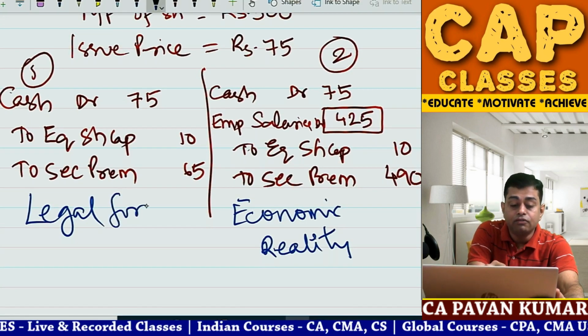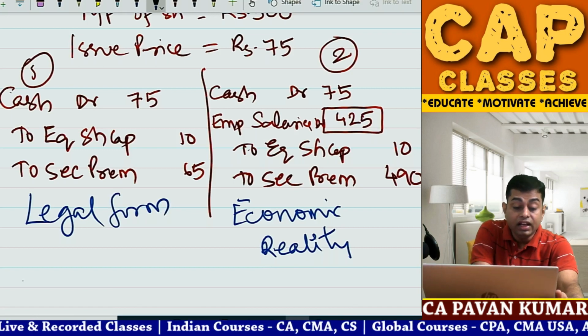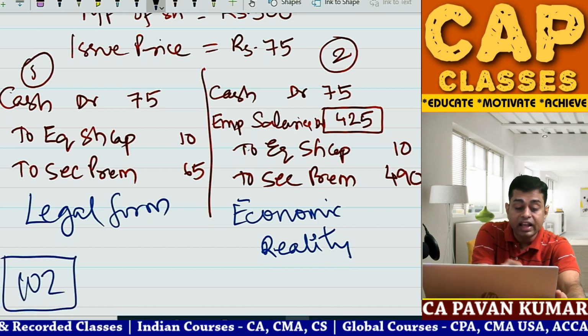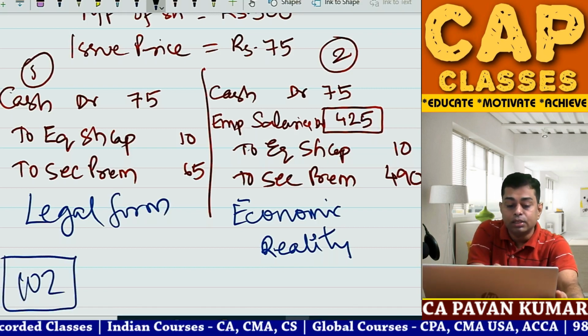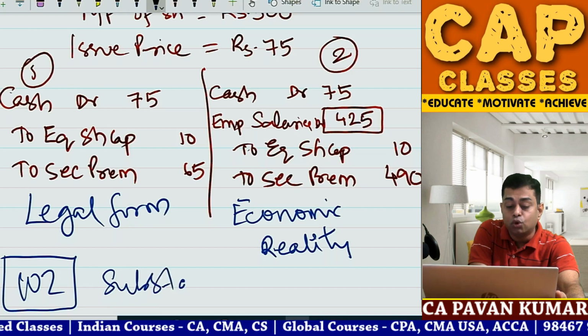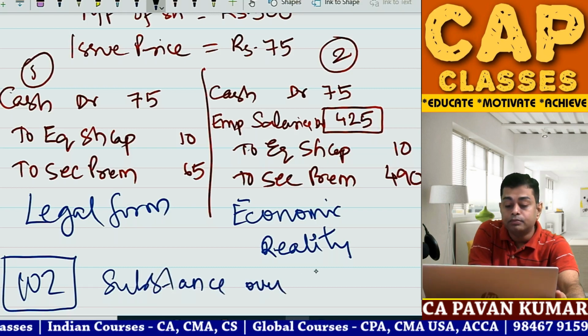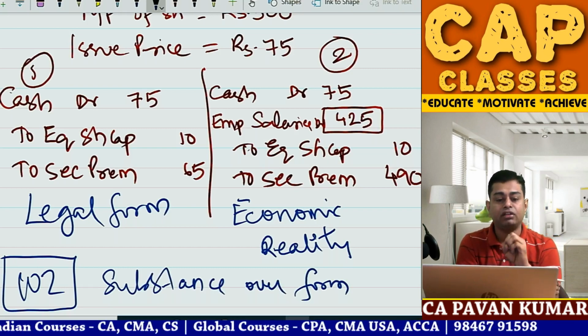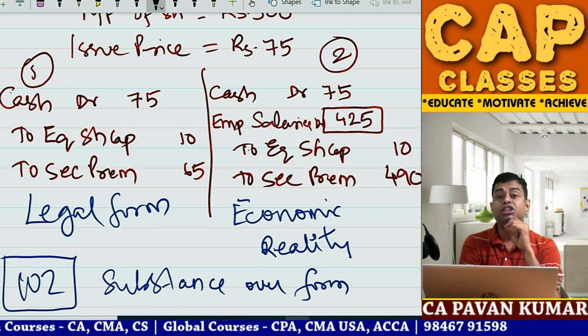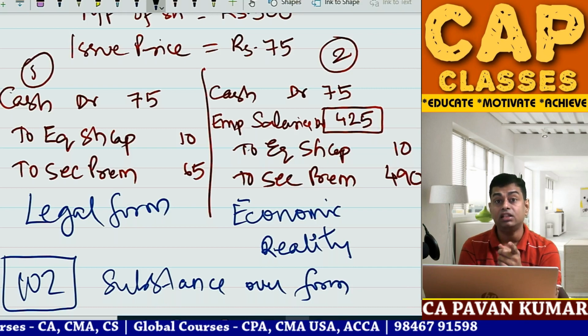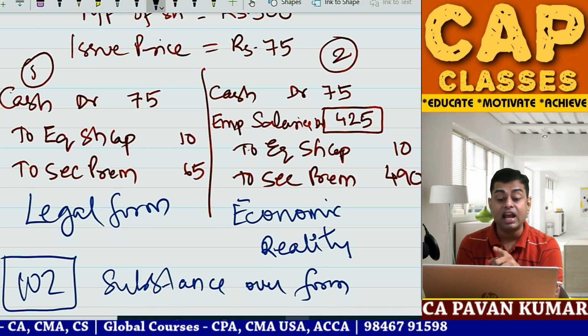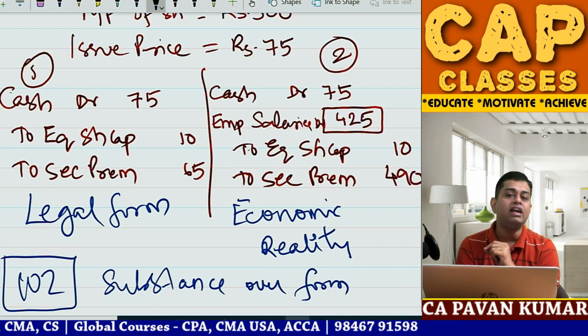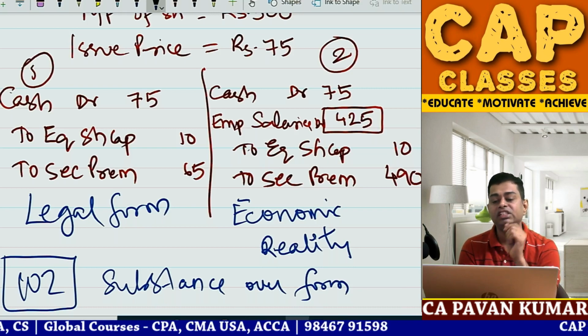This is legal form. Therefore, in Ind AS 102, again we honor the concept of substance over form. If you write a journal entry for the form, it will be the first journal entry. But if you write the journal entry for substance, the economic reality, it will be the second journal entry.